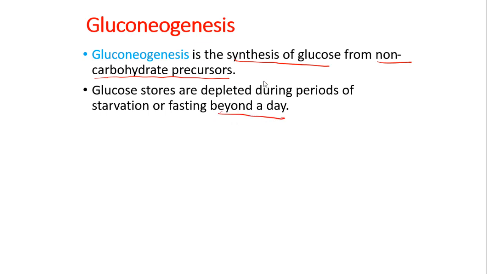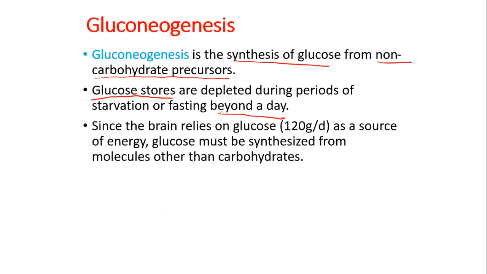When a person starves beyond a day, the levels of glucose will be low. In short, sometimes you even discover that the glucose will be finished. This is because the brain normally relies on glucose, which is 120 grams per day, as a source of energy.